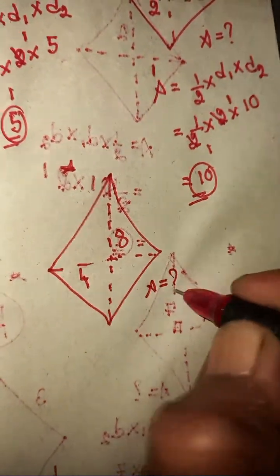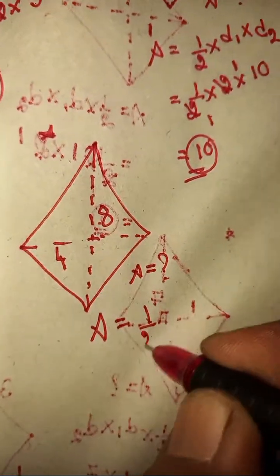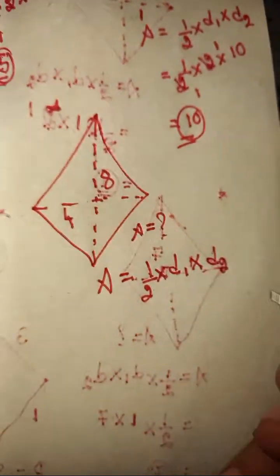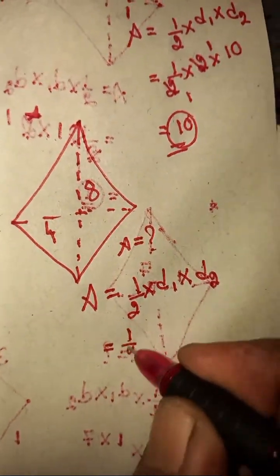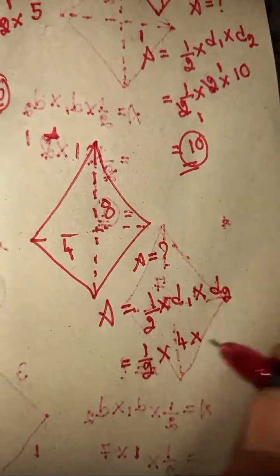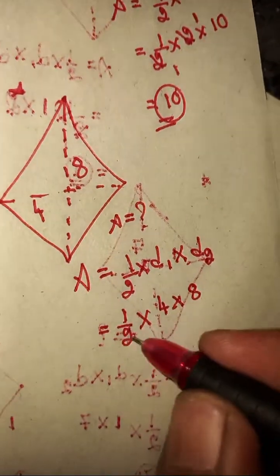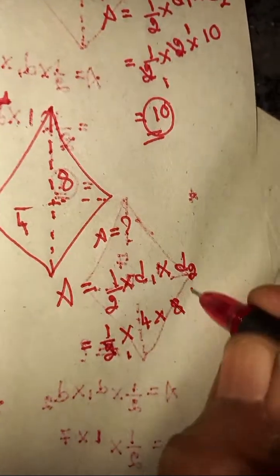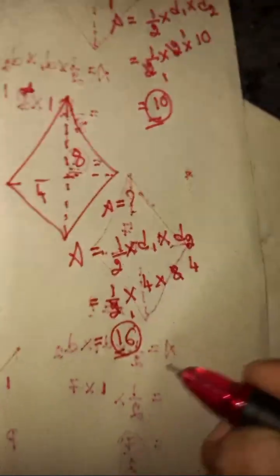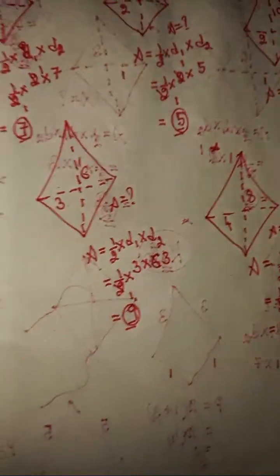Here also you need to find out what's the area, and area is here the same thing, half times of diagonal 1 times of diagonal 2, that is half times of this is diagonal 1 which is 4 units, times of this is diagonal 2 which is 8 units. You can divide here 2 one times, 2 four times, 4 times of 4, which becomes 16. 16 square units is the area of this rhombus.